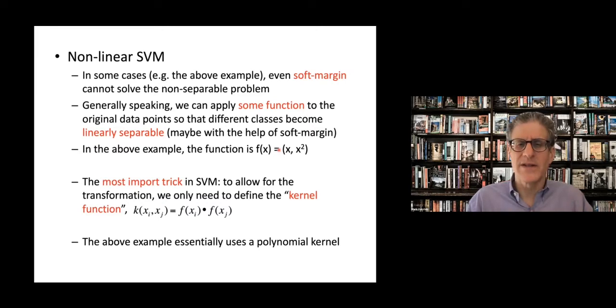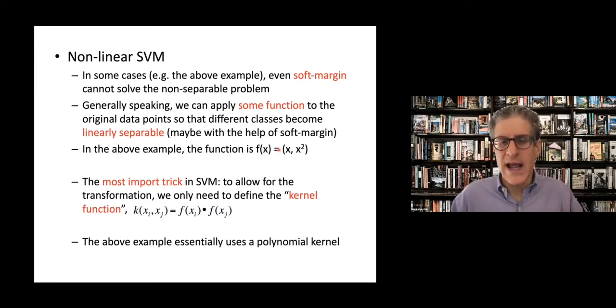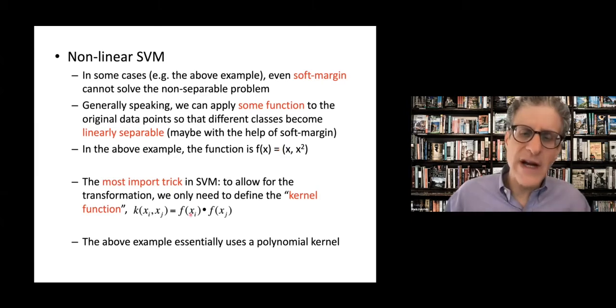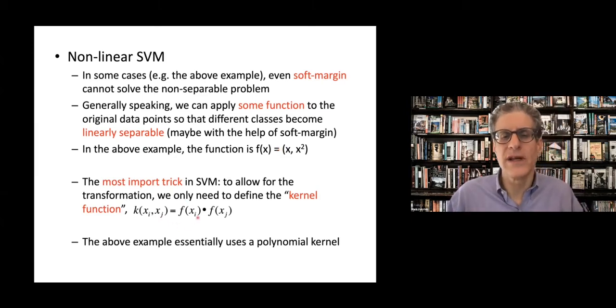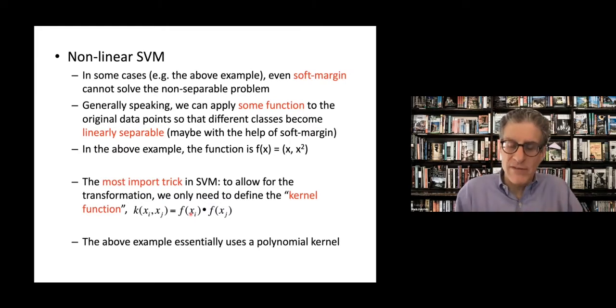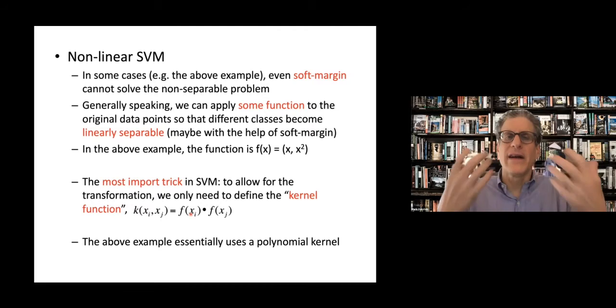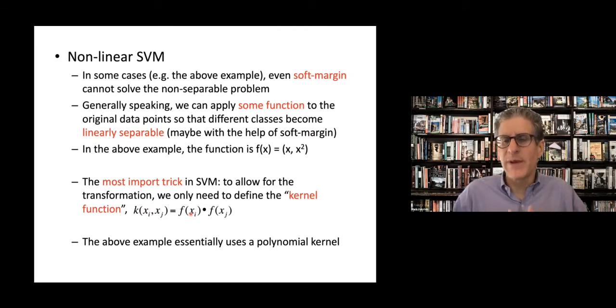But the support vector machine has a trick that lets you get around this. In this particular trick, basically you only need to think about the distance of points in your high dimensional space, and that's called the kernel, or how similar they are. And if you can construct that, you can effectively mimic this function f without actually having to construct it.